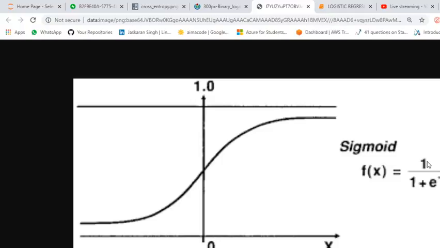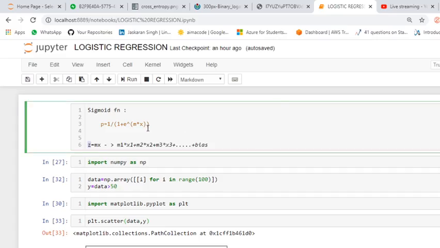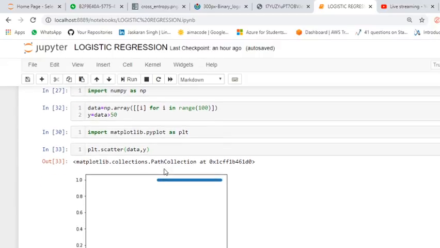So 1 upon 1 plus e to the power minus z. We want z to be such that for the true category it tends to 1, and for the false category it tends to 0. So this is the main idea about using the sigmoid function. And this picture also looks like the sigmoid function.